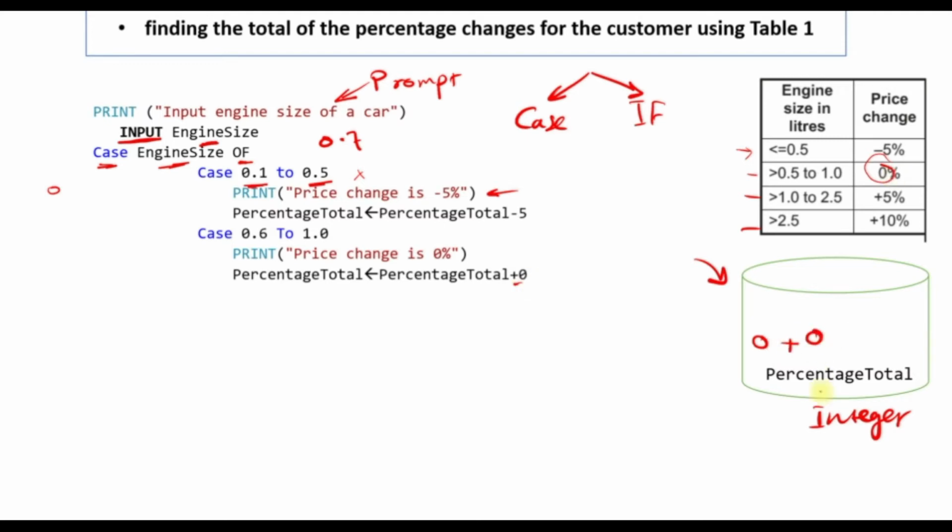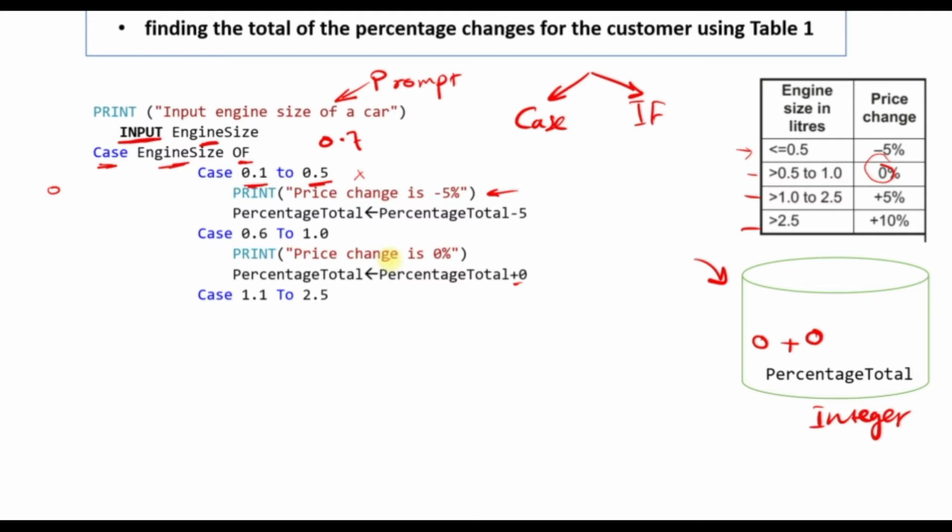And so now the percentage total is 0. For the rest of the conditions here, we also created the case between 1.1, the next value after this one, so 1.1 to 2.5.